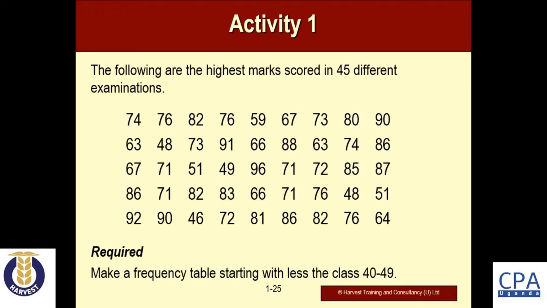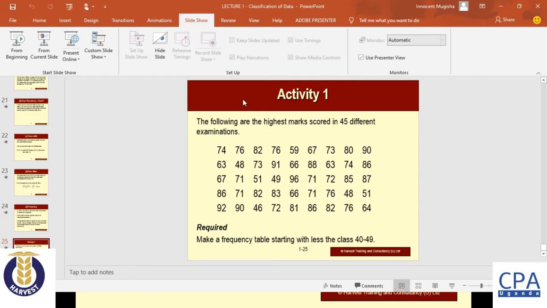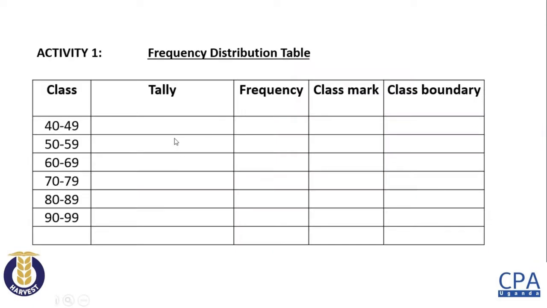All right, starting with the score of 74 from our given raw data, we shall put a stroke against the class of 70 to 79. And the reason is that the mark 74 will, of course, fall in this class limit. So I'll put a stroke in the column labeled tally right there.